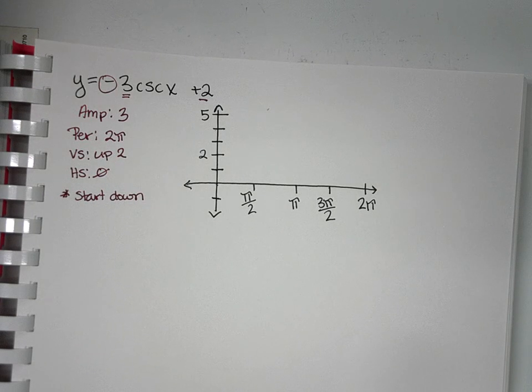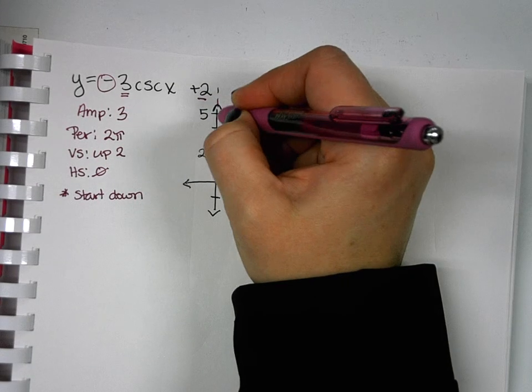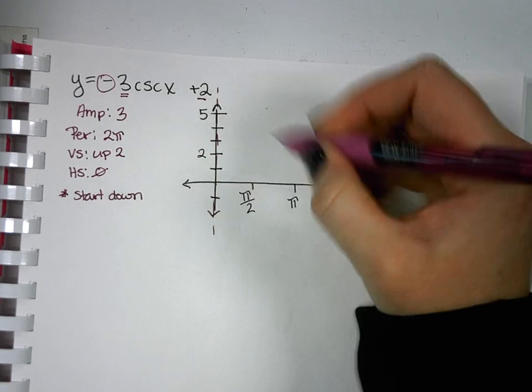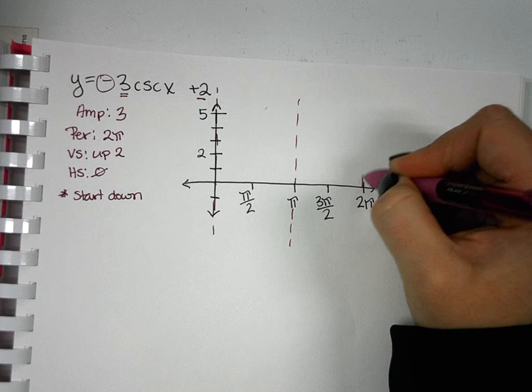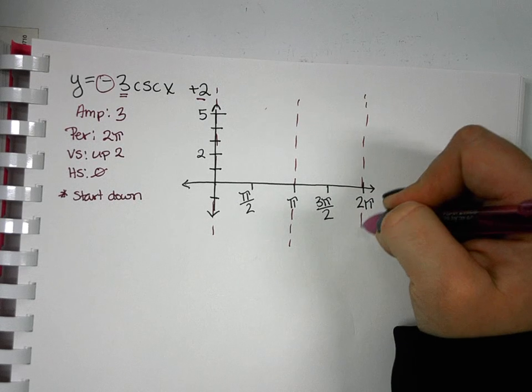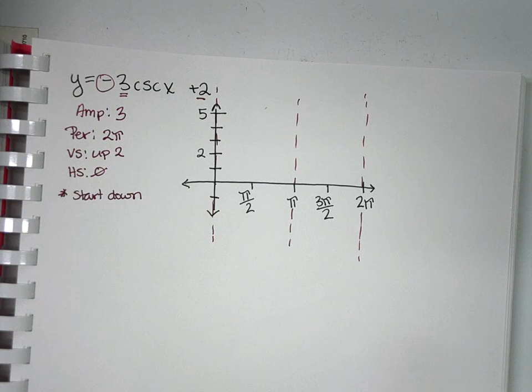So because it's cosecant, that's sine, I'm going to have my asymptotes at the beginning, in the middle, and at the end. So using that pattern with cosecants, how our asymptotes will be at the beginning, middle, and end of our period, I can draw those right away.